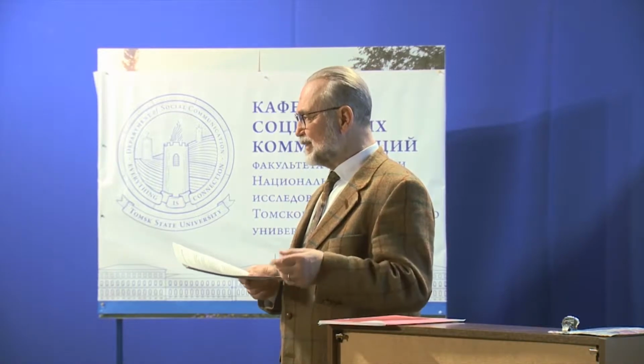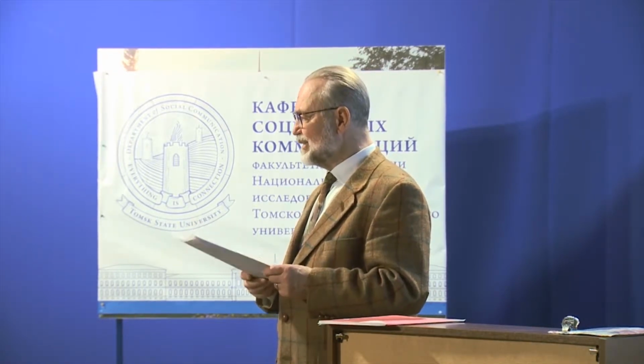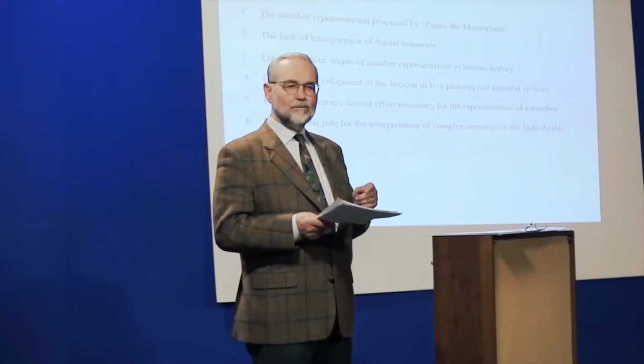So I will start with a small citation of a Latin American author, and it will be one possible answer to the question why we use the sign system for numbers which we have all over the world now, why we use that one and not another one.